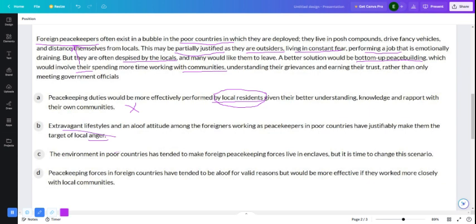Here, extravagant lifestyle, we can see that okay, this is correct. Aloof attitude, they distance themselves from the locals, and foreigners working as peacekeepers. Again, see, foreigners working as peacekeepers. Isn't this too wordy? We are meant to use something which is concise, not wordy. It could have said foreign peacekeepers.